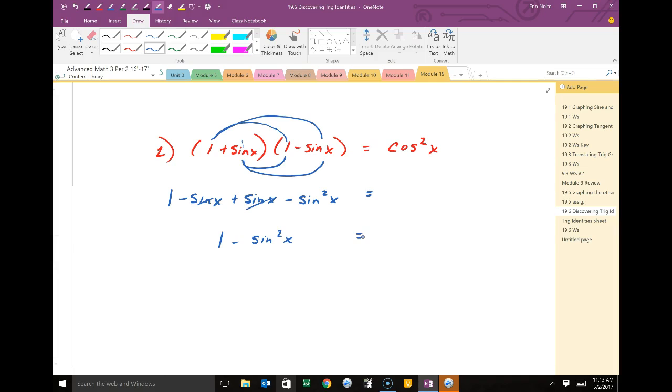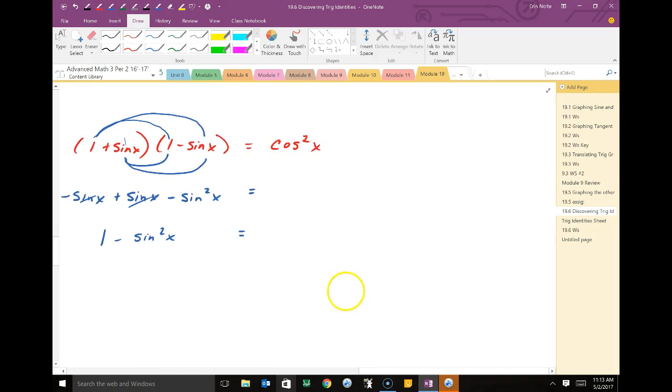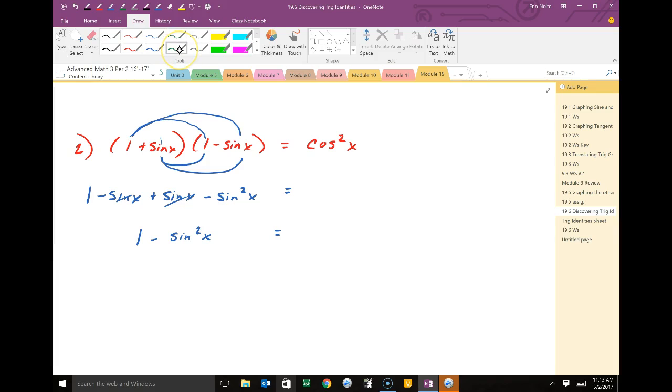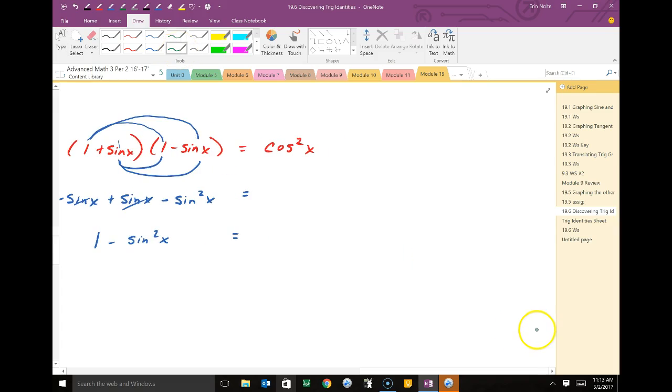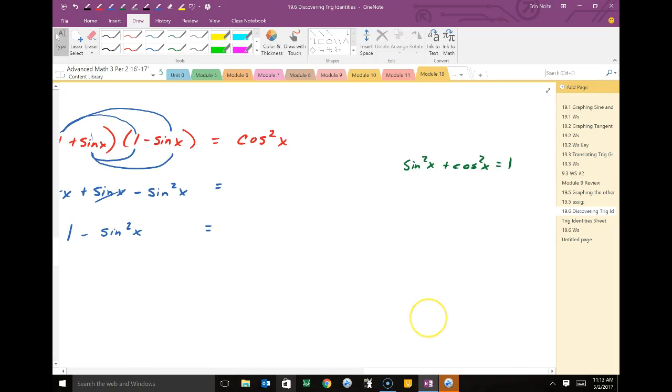Does that kind of look familiar to you? The first identity, right? The first identity that you wrote down looked like this. Now check this out.